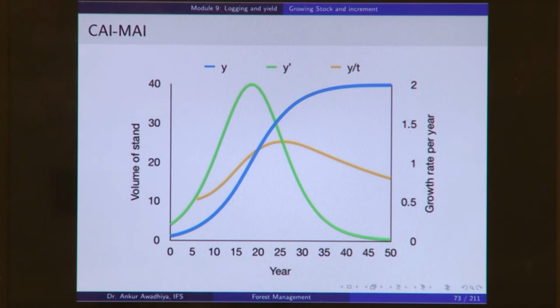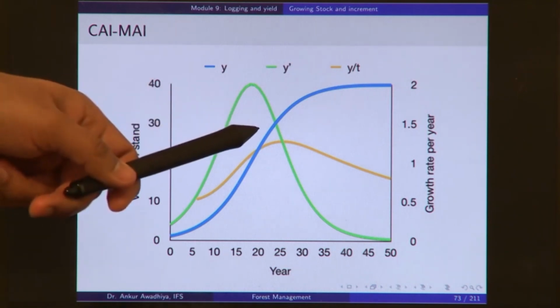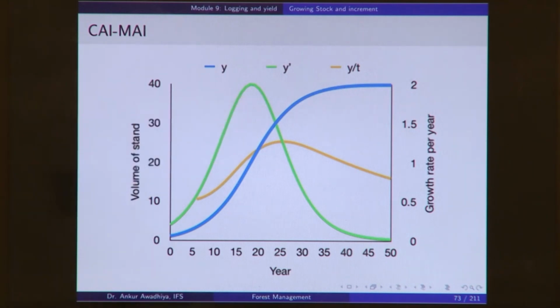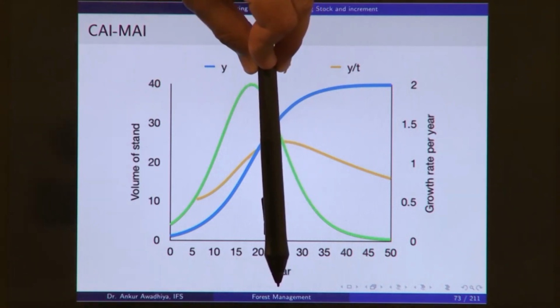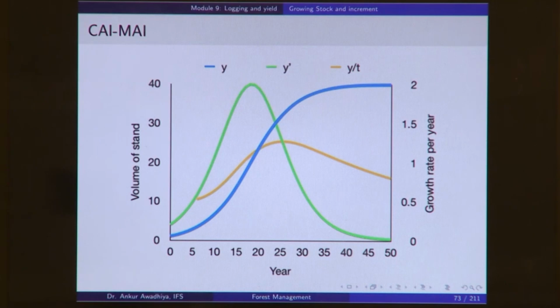But consider this point where both these curves are cutting each other. Now, after this point the current annual increment is less than the mean annual increment till this age. So, what we are saying here is that after this age of, say, around 27 years, the rate of increase every year is less than the average till 27 years.